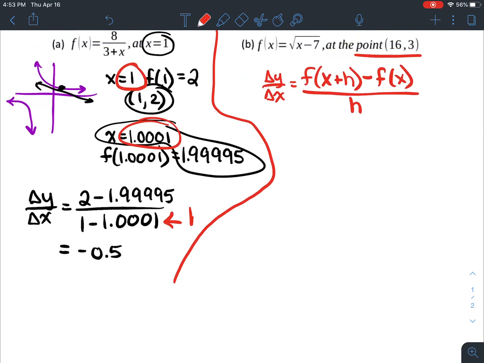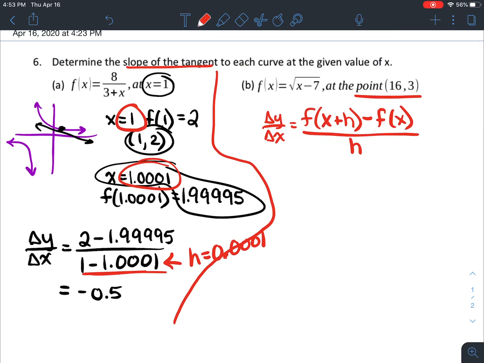Like in this question, our h value is 0.0001, right? It's the difference between the two x values. So h is that interval between 2 points on our graph, and we want that h value to be super small.